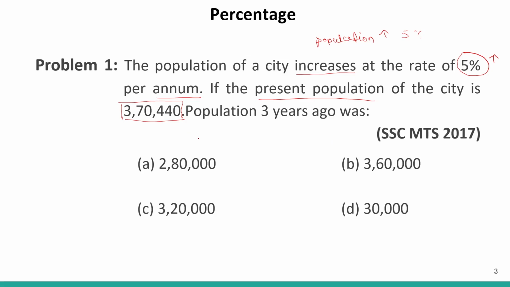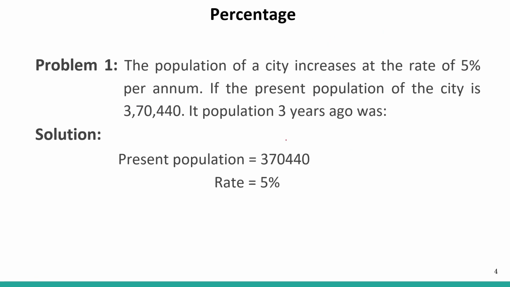So how to proceed with this problem? We need to calculate the population 3 years ago. Let the population 3 years ago be X. This is our assumption. The present population is 3,70,440, and every year the population increases by 5%.